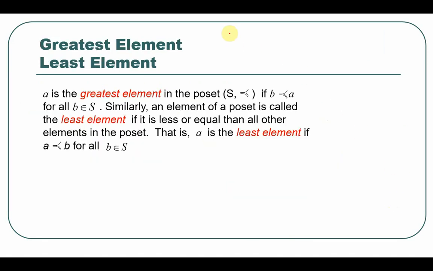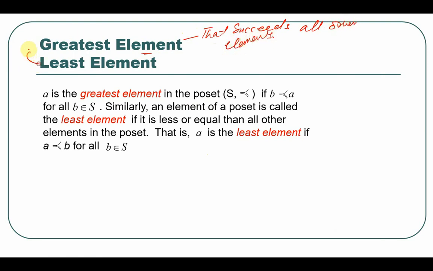Now, another property is greatest element and least element. The greatest element of a poset is the one that succeeds all other elements.